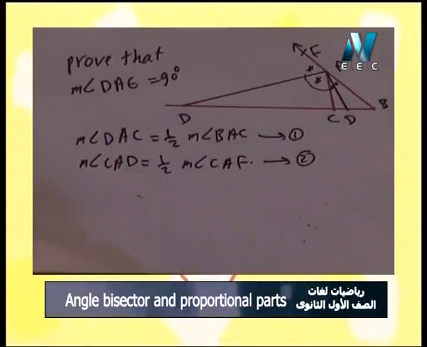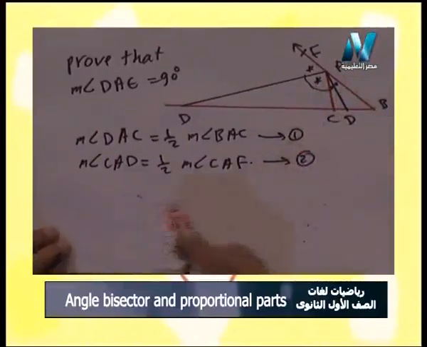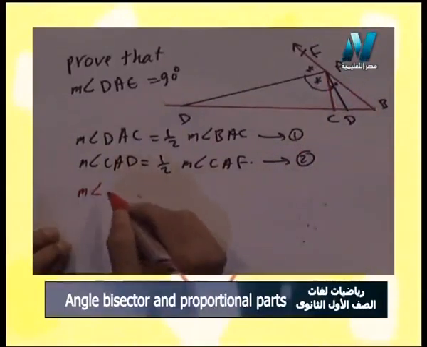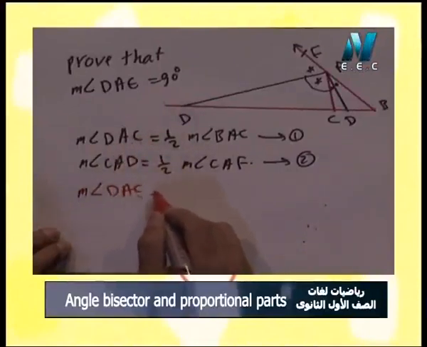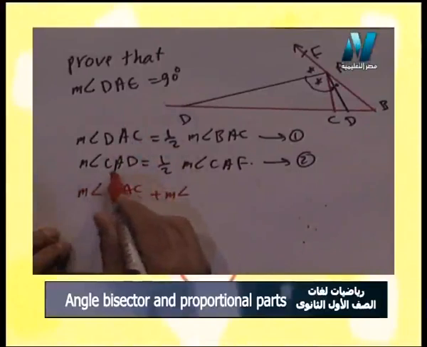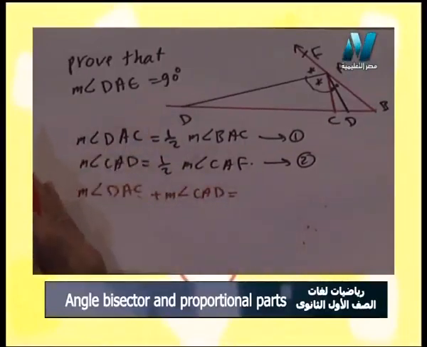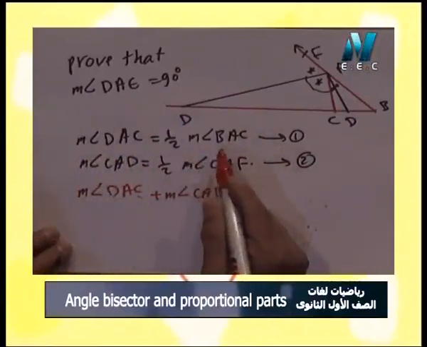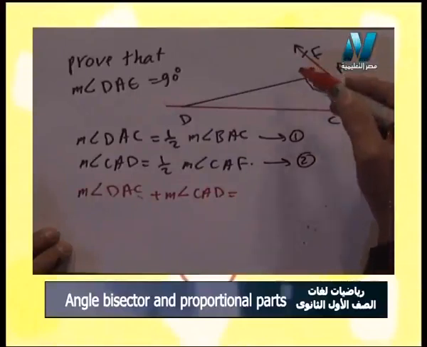And by adding this angle with this angle, we find that measure of angle DAC plus measure of angle CAE, by adding the left sides with each other, equals the right side, half measure of angle BAC plus half measure of angle CAF.